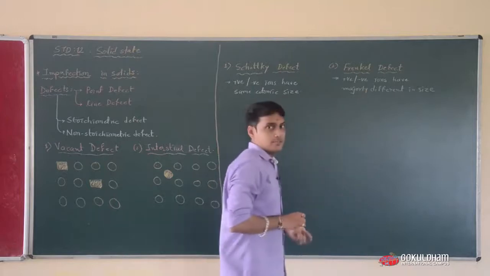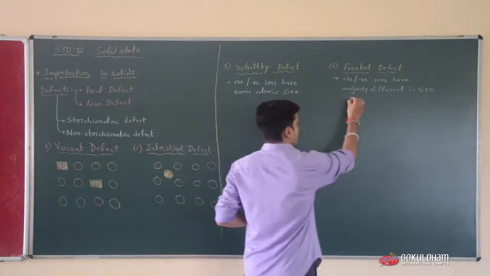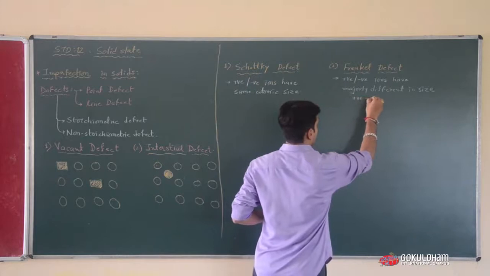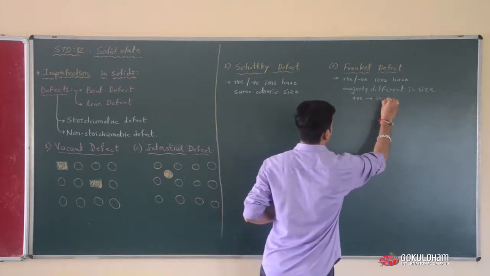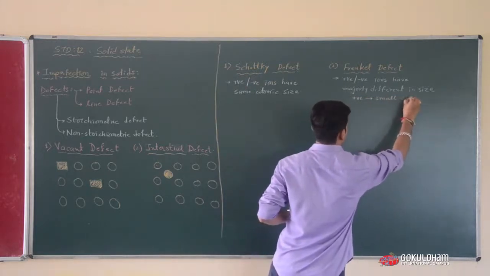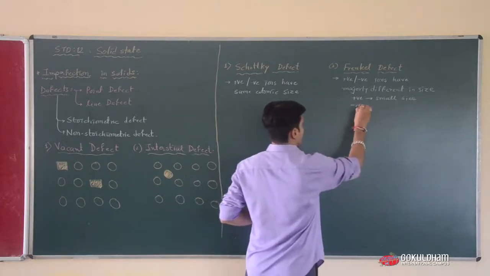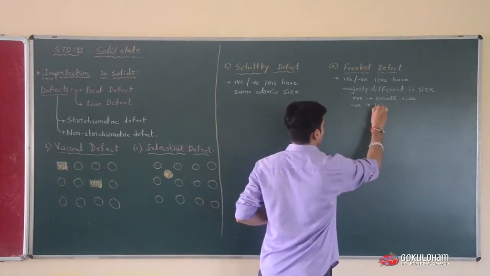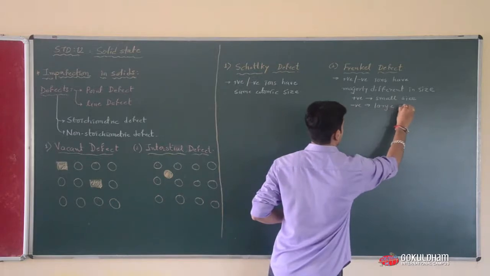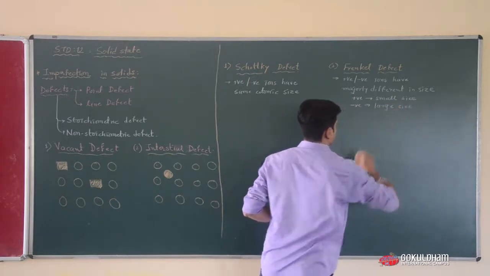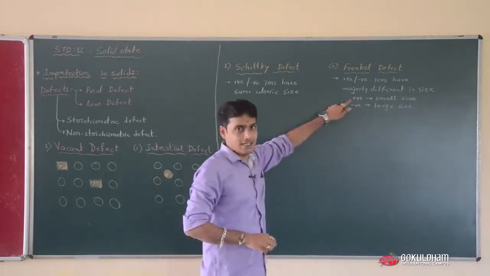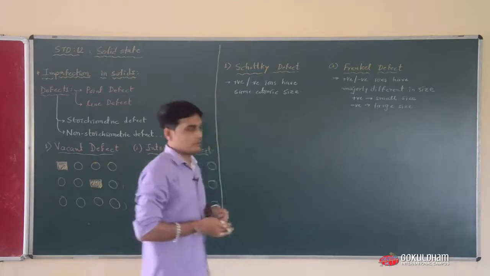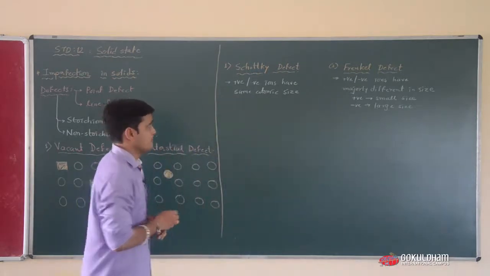Majorly different in size means the positive ion always has a small size and the negative ion always has a large size, because for the formation of a positive ion, the atom has to remove electrons.